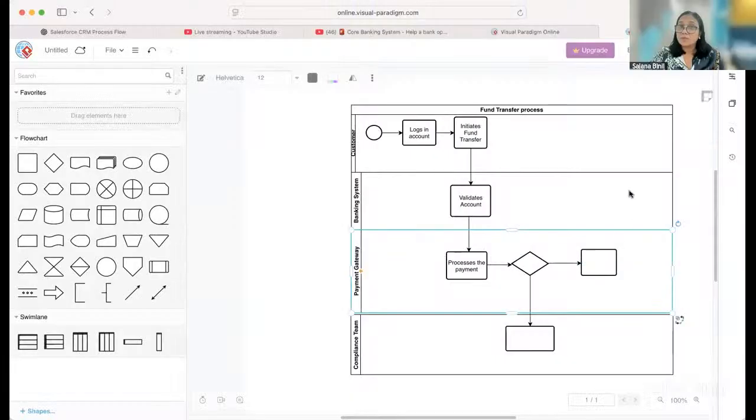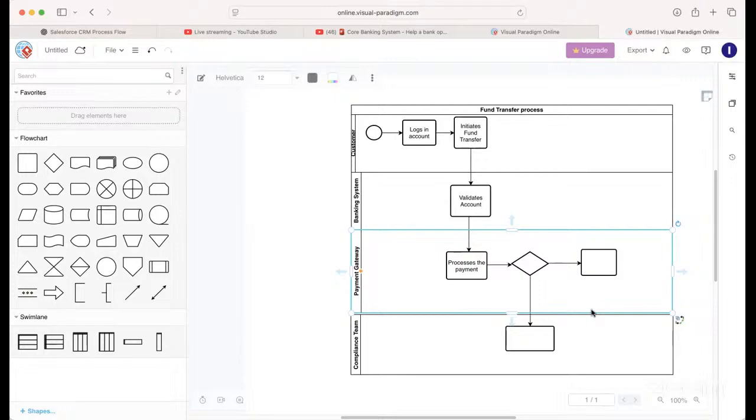Is that correct? So which means the process flow, that diagram that we drew, a very simple one, is actually very complex, right? Because if you look at the validates account that I have put over there for the core banking system, there itself we can elaborate that process.